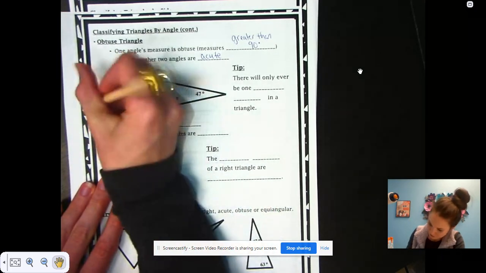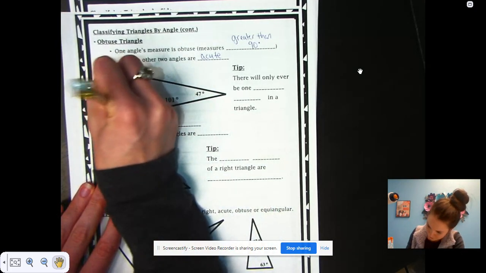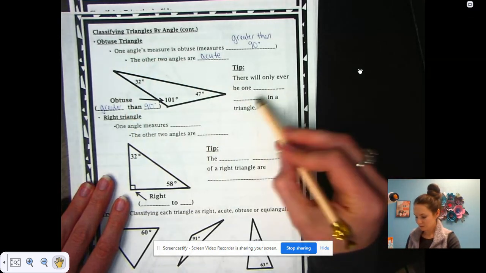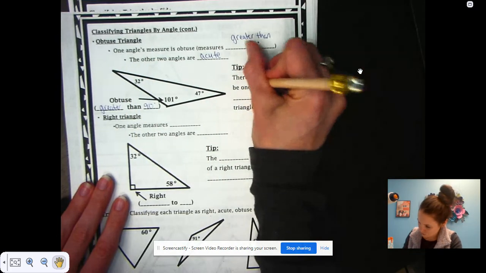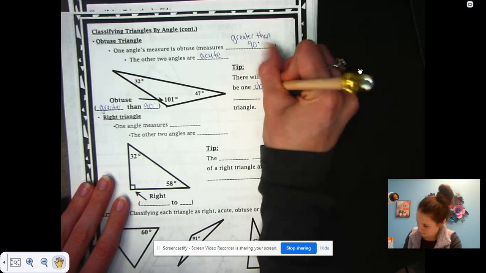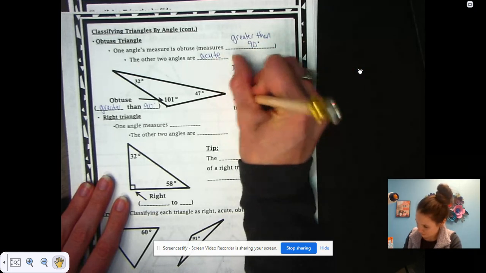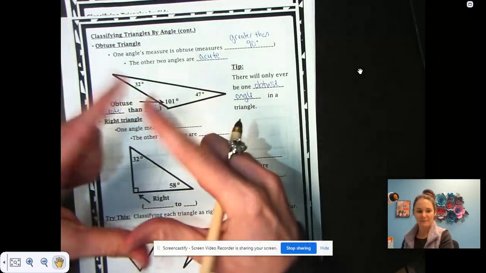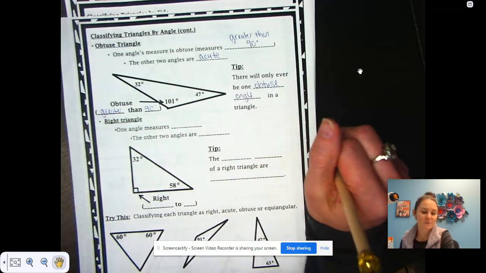So I'm saying greater than 90. There will only ever be one obtuse angle in a triangle. If you had a bigger one, the three sides would not connect, making a triangle.